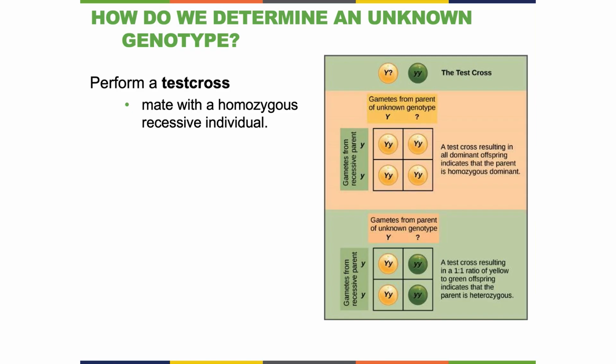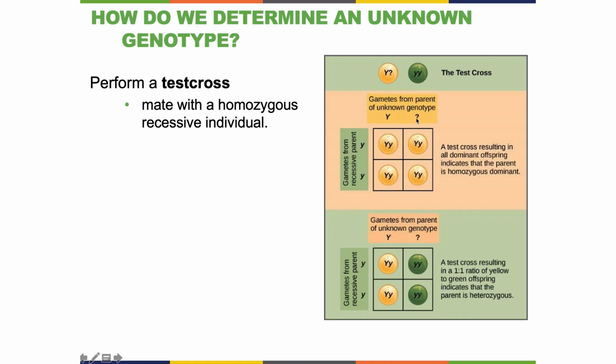Now, what if we have a pea plant and we don't know its genotype? It's got a yellow seed, but we don't know if it's homozygous dominant or heterozygous. Well, we could cross it with a homozygous recessive, because this organism can only produce a recessive allele.